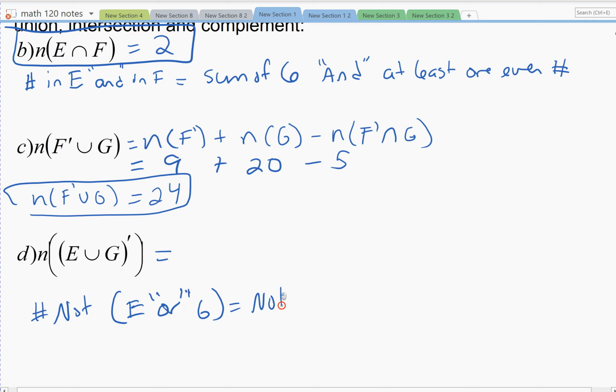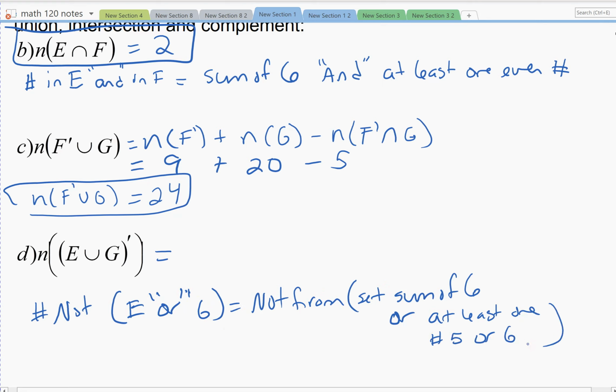So, not from the set E, so not from the set where I have a sum of 6, or G was having at least one number 5 or 6. So basically I'm throwing those out. If you have a sum of 6, you get thrown away. If you have a 5 or a 6, you get thrown away. And if there were overlap, they get thrown away too.